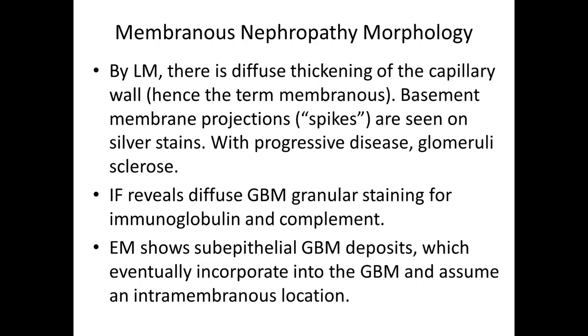Basement membrane here forms the specific spikes, which we can find under the silver staining. And of course here, guys, we can speak about the progressive course of this disease and the sclerotic changes which develop in time.